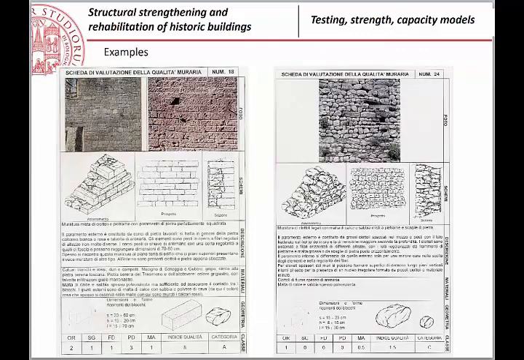Some schemes and examples are reported in a big manual that was prepared by the Civil Protection Agency in Italy, with a lot of people from the whole of Italy. These are written in Italian, but I just wanted to show you how they work, which is the most important point for me.